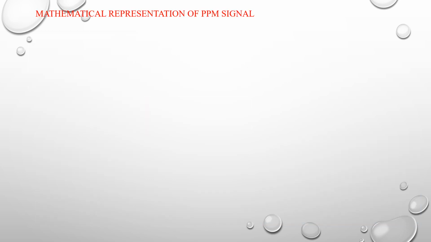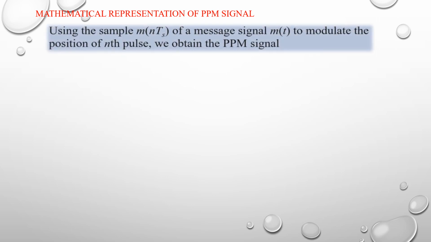Coming to the mathematical representation of the PPM signal, using a sample m(nTs), where Ts denotes the sample duration, of the message signal m(t), to modulate the position of the nth pulse, we obtain the PPM signal.